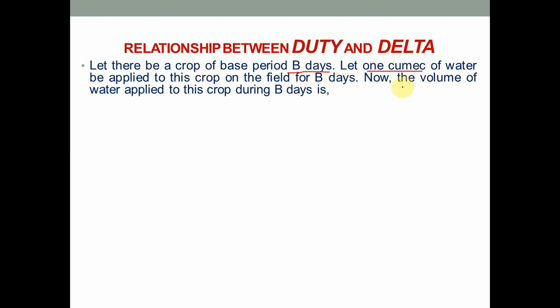So the total volume of water which will be applied to this crop at a rate of 1 meter cube per second for B days is meter cube per second into B days. This B is in days.